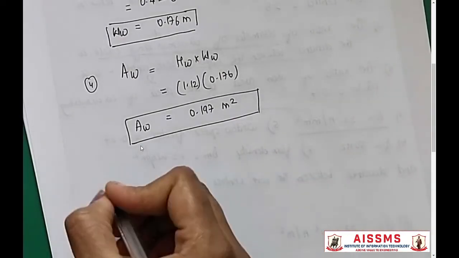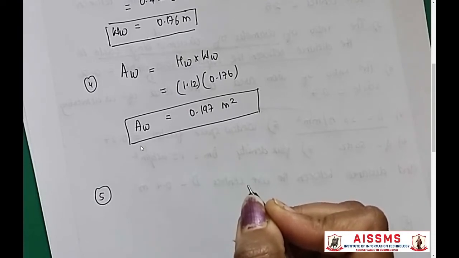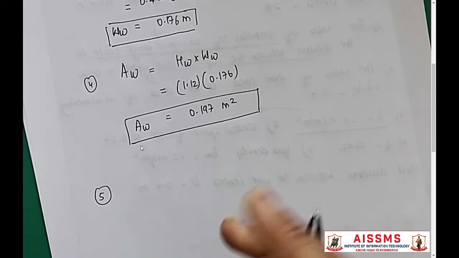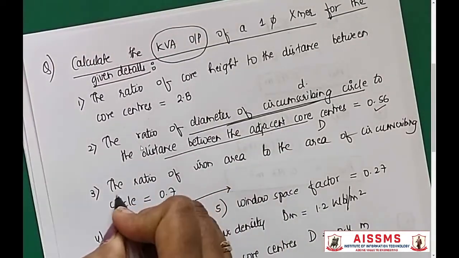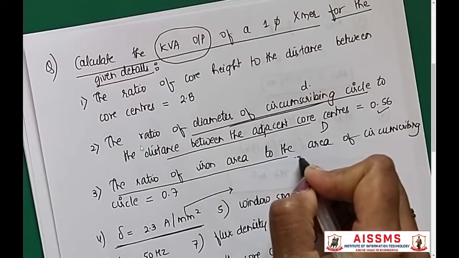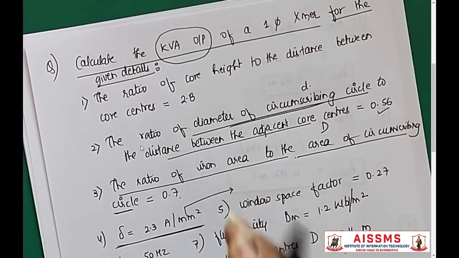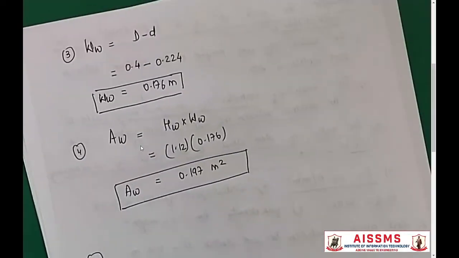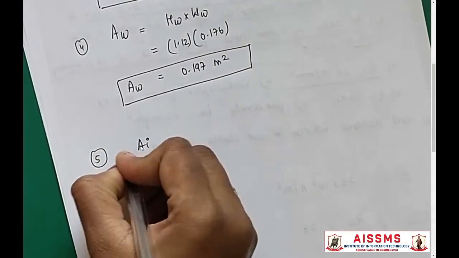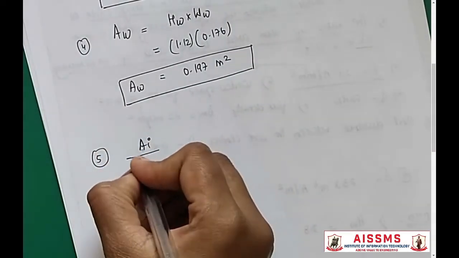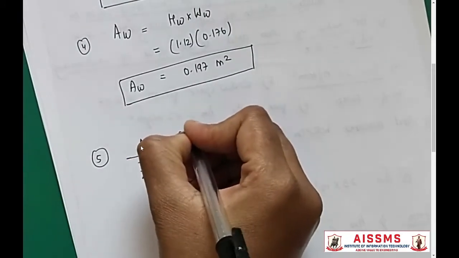Okay. Now once I know this, I have to calculate the iron area, that is AI. They have given me one more ratio. The ratio of iron area to the area of the circumscribing circle is 0.7. That means if I convert this ratio to symbols, I get AI upon the area of circumscribing circle, which is pi by 4 d square, is equal to 0.7.